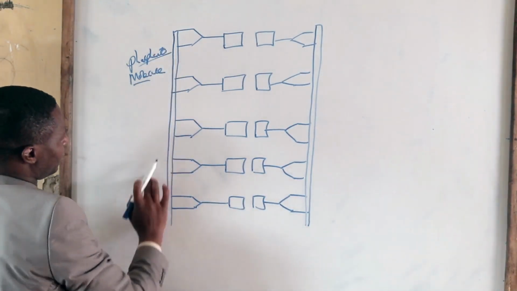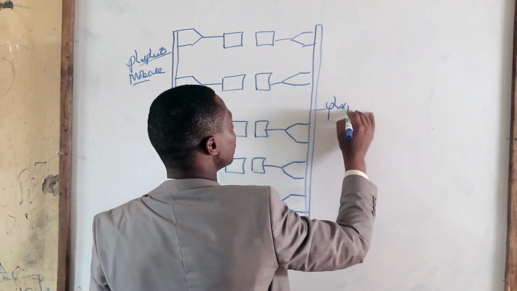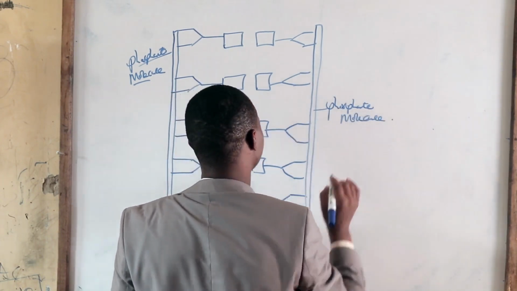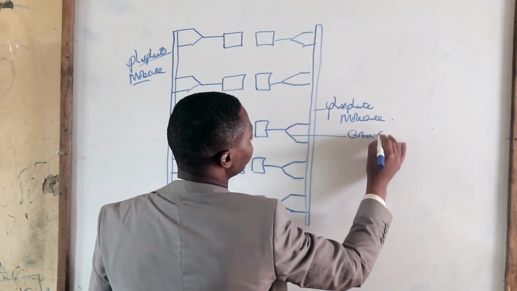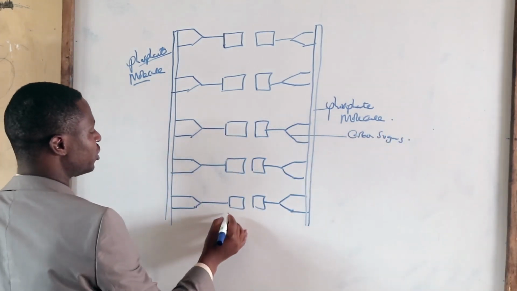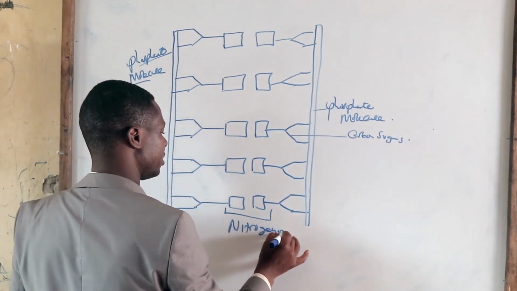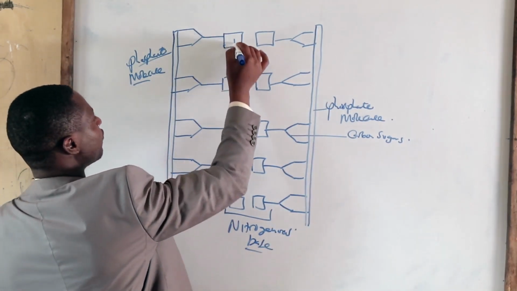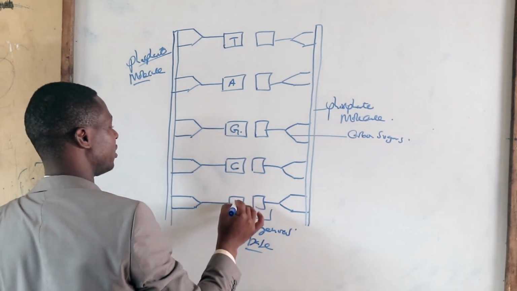Now, this thread here is the phosphate molecule, which is also on the other side as a phosphate molecule. Then we have the carbon sugars, then the nitrogenous base. The nitrogenous base comprises thymine, adenine, guanine, cytosine, thymine.